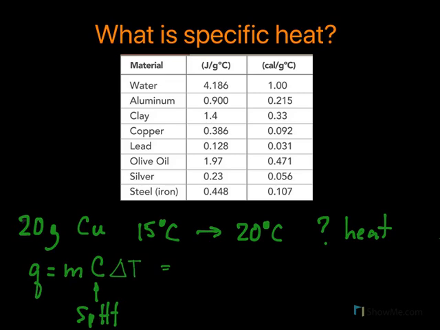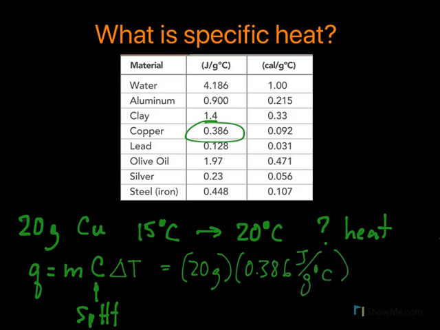So just plugging in the formula, mass, we have 20 grams. Specific heat of copper, as we can see here, is 0.386 joules per gram degree Celsius. And the temperature change we want, we're going from 15 to 20. That's a 5 degree change.